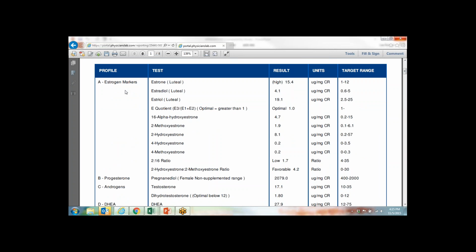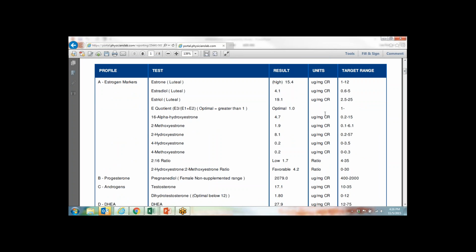Okay, from the results, we've got the profile categories, the tests inside that category, the actual results, the units, which are reported in micrograms per milligram of creatinine or milligrams per gram of creatinine.